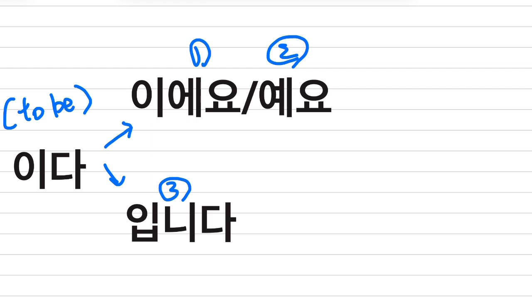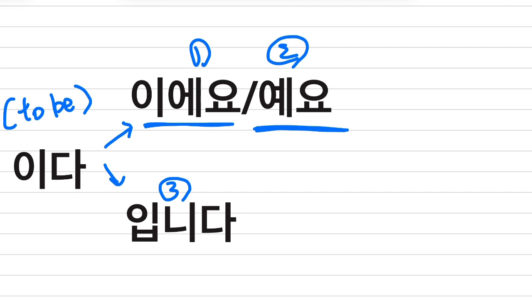We use 이에요, 예요 in normal conversation. When you have a 받침, you can use 이에요. When you have no 받침, you can use 예요. So 이에요 comes after a consonant, and 예요 comes after a vowel.